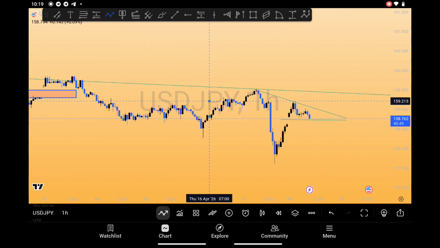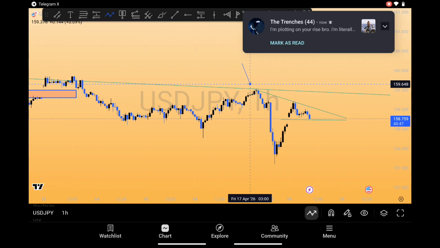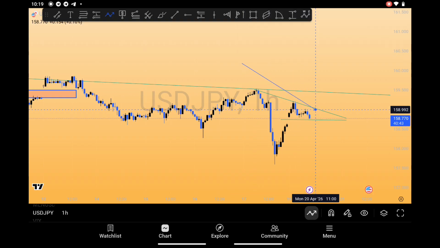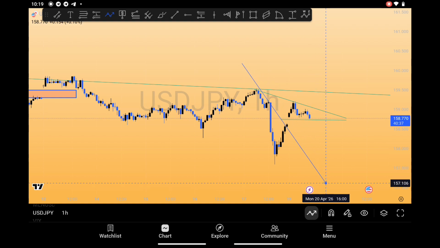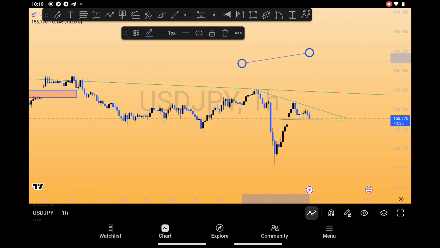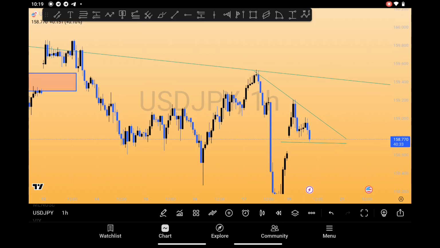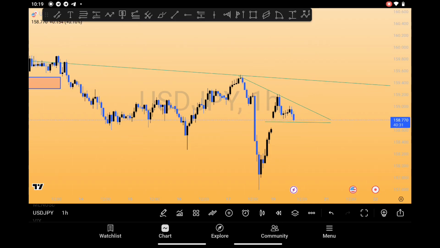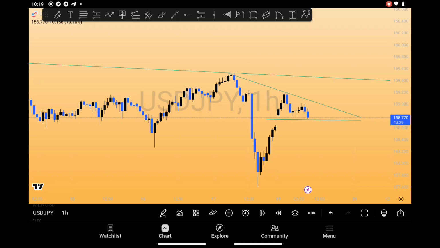Because in the old school way, we normally say that if we have 1, 2 touches, the third touch is the one that indicates the direction. So if it touches and rejects, we are dumping super deep on USDJPY.